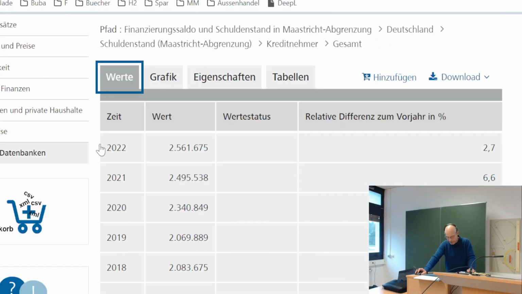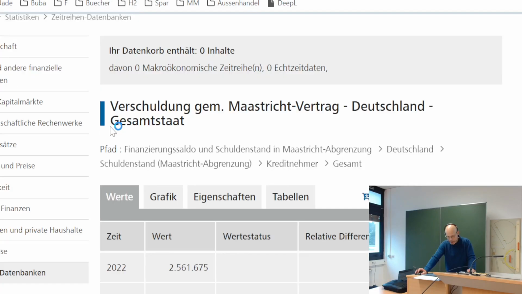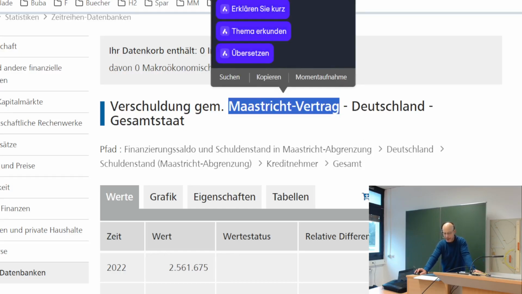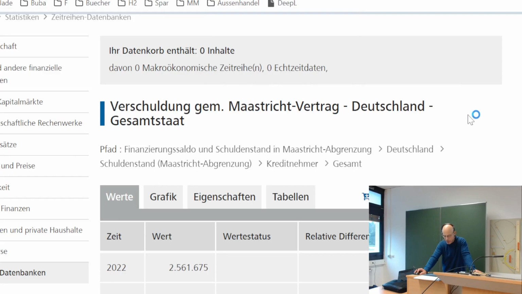So if you have a country in Europe, then you know that we have the so-called Maastricht Treaty. And so we want to measure government debt in every country in the same way.